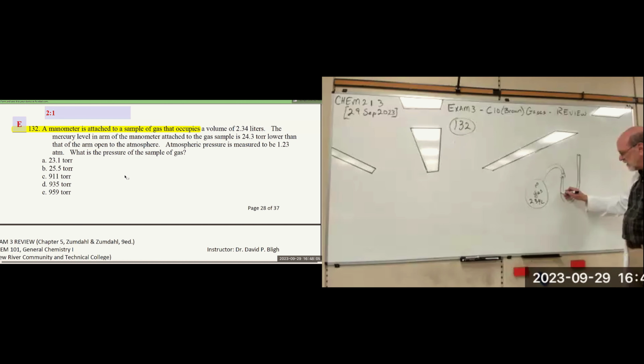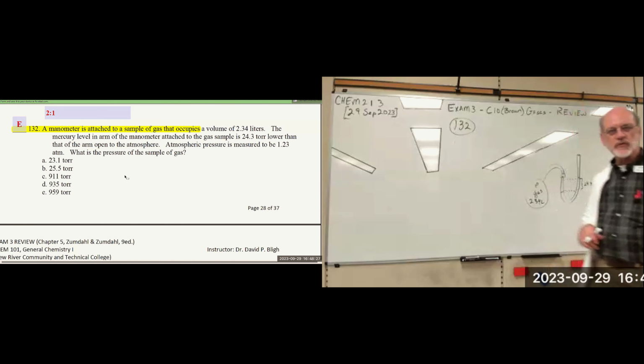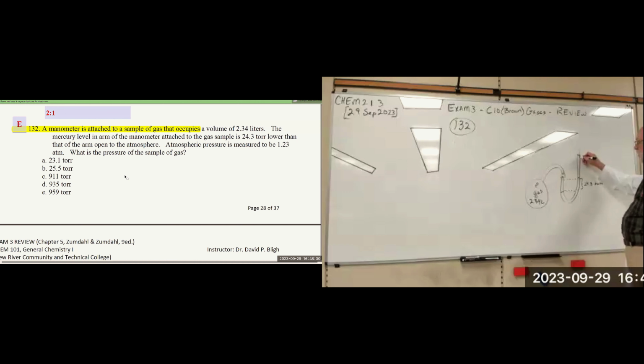So this one's down here, this one's up here. Okay, and the difference is 24.3, is it? Yeah, 24.3 torr. Okay, what else are we given? Atmospheric pressure is 1.23 atmospheres. So here is 1.23 atmospheres. How many torr is that? Well, times 760.